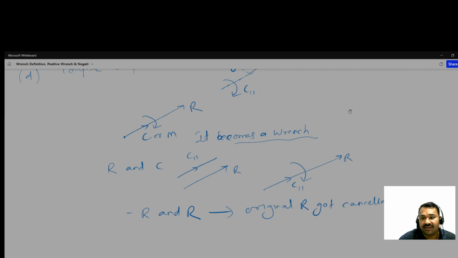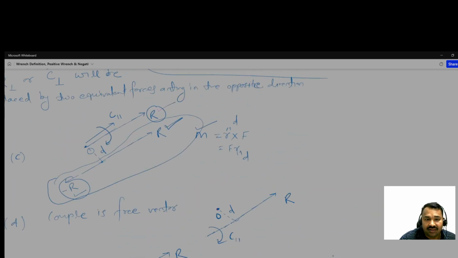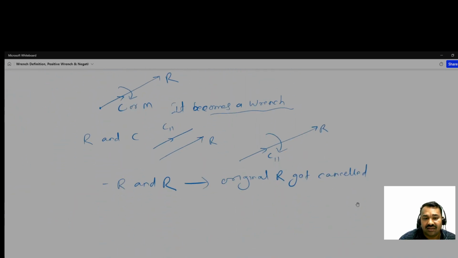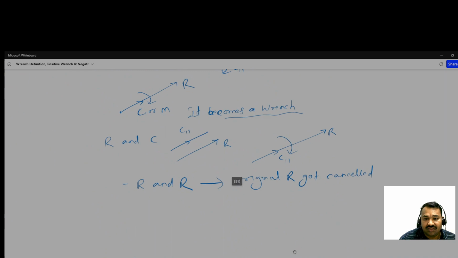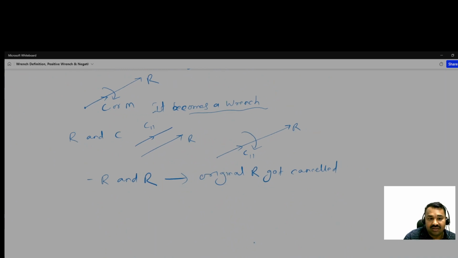You can see here this is now cancelled, okay. So what remains, this remains, and what else remains with it is the other component of the couple, that remains. So in this way, how to get the wrench, we have done. Thank you.